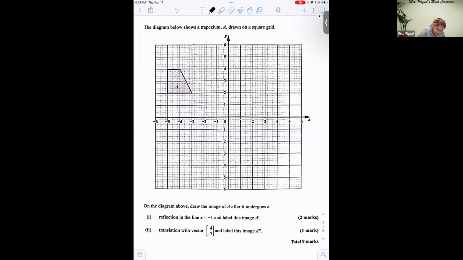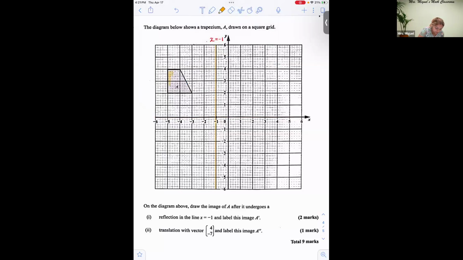So you're going to find -1, and this is the x-axis here. And you're going to find -1, and this is the line. So it is a vertical line passing through x equal to -1. So I want you to take a few minutes and draw the reflection of that shape.